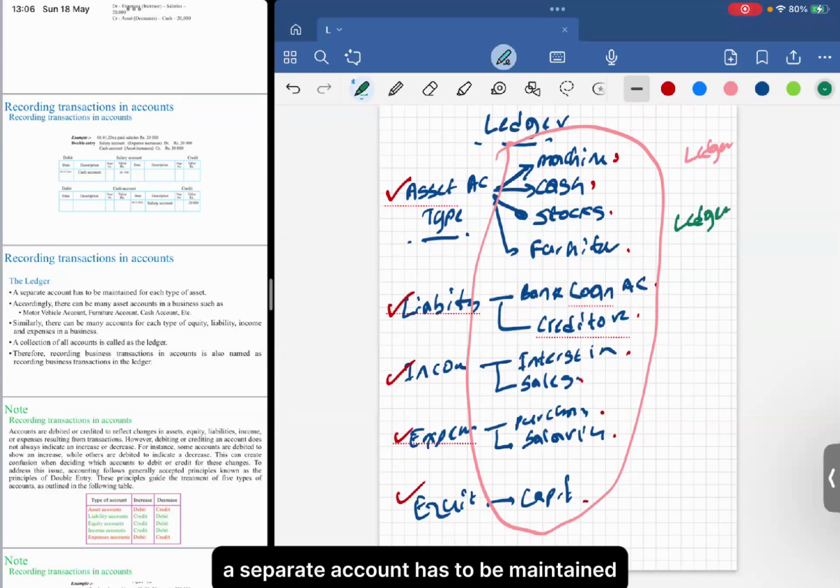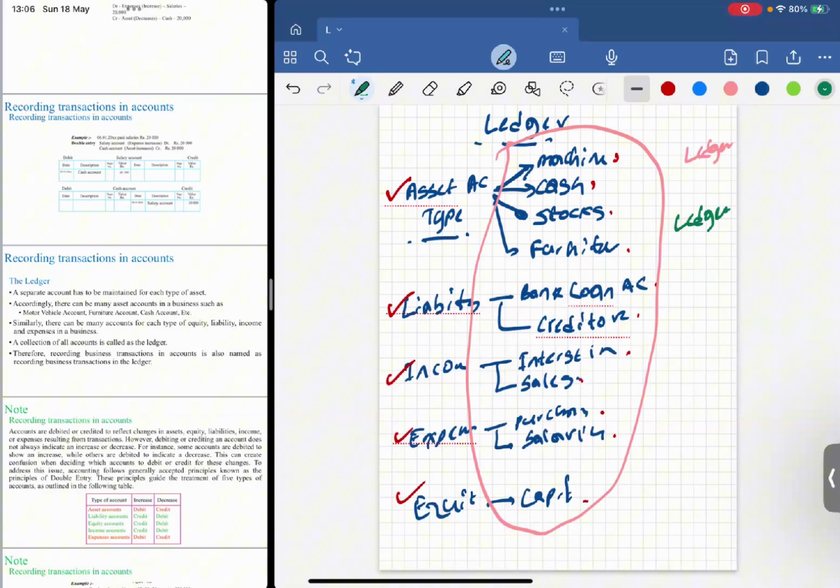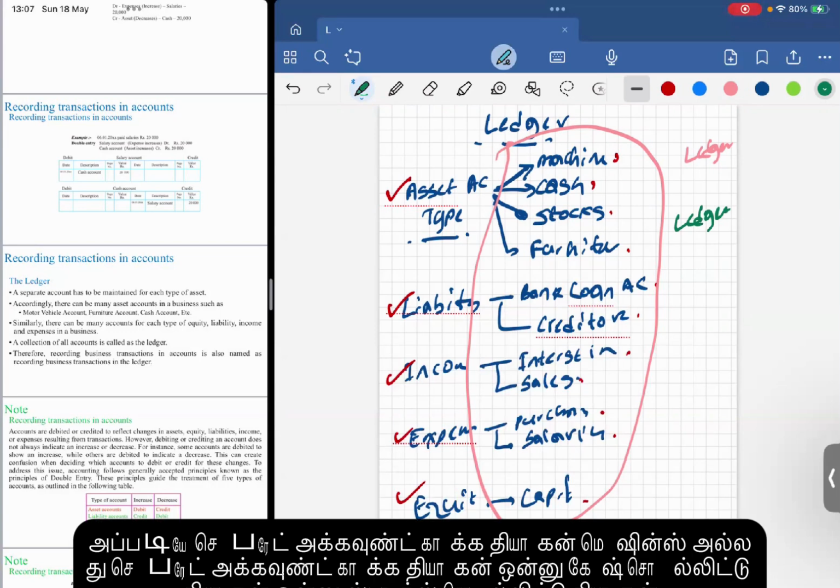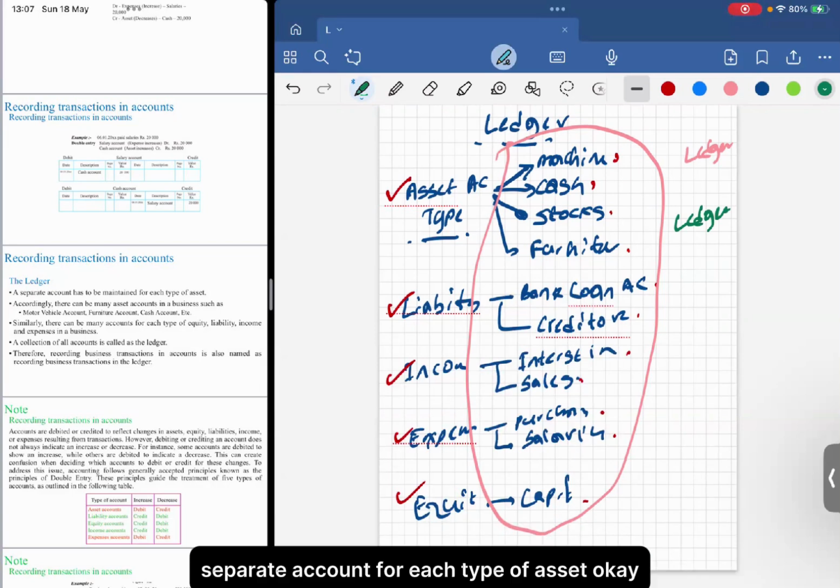So a separate account has to be maintained for each type of account. Hammer type of account, hammer type of asset එකකටම අපිට separate account එකක් තියාගන්න. Machines වලට separate account එකක් තියාගන්න ඕනේ, cash වලට තියාගන්න ඕනේ, stocks වලට තියාගන්න, right? Likewise, you have to maintain a separate account for each type of asset. Okay.